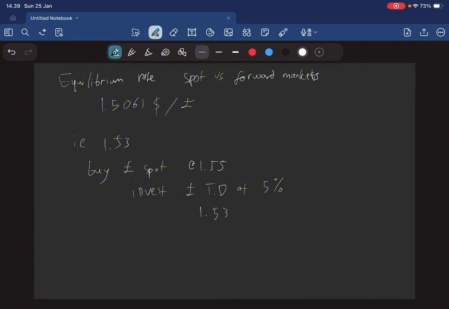Since you sell sterling at the higher exchange rate of 1.53, the forward rate does not totally eliminate the interest rate differential and you would come out ahead.